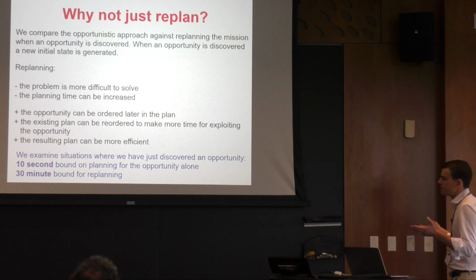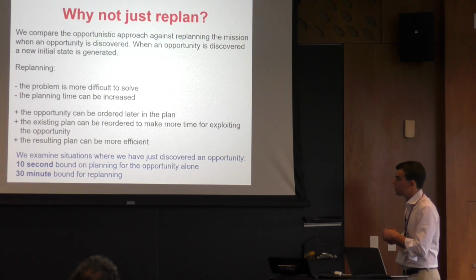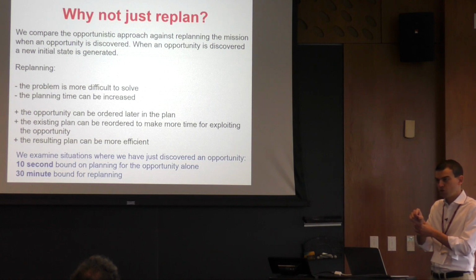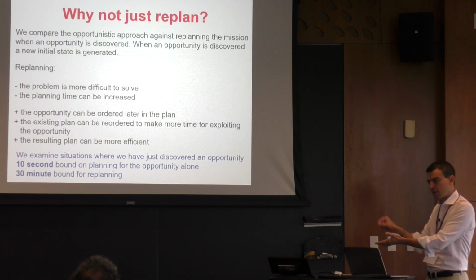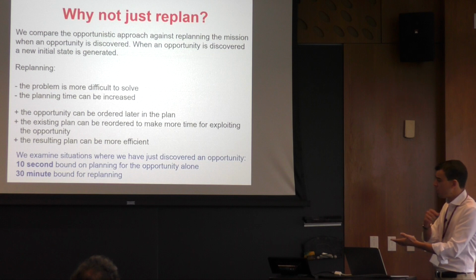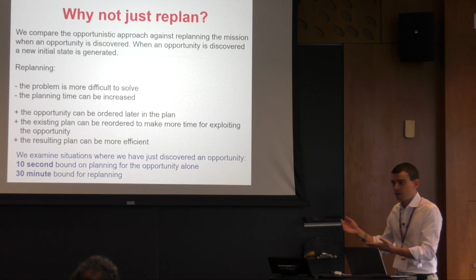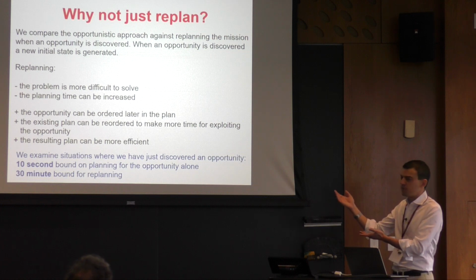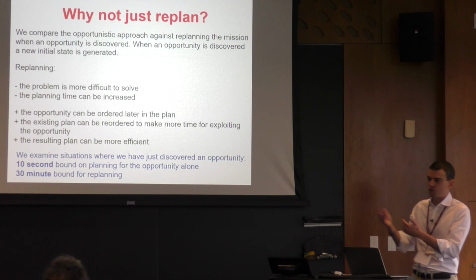So we did some tests just to show the benefit of opportunistic planning, and we gave 10 seconds for the opportunistic planning, so for planning only for the opportunity and then getting back to the plan, and we gave much longer for replanning, even if in real execution you cannot give 30 minutes to the AUV to replan, it's too much.